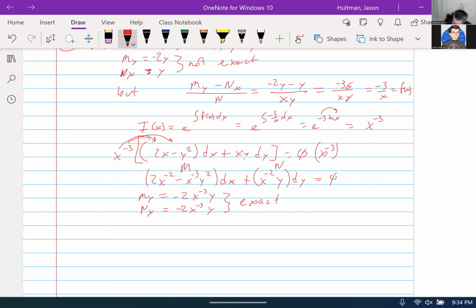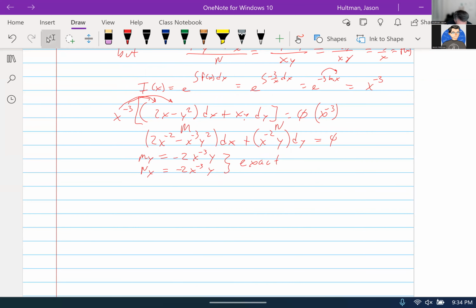Now I want to find my potential function. We now know that it's exact, so we want to find the potential function of this new exact equation that we found.